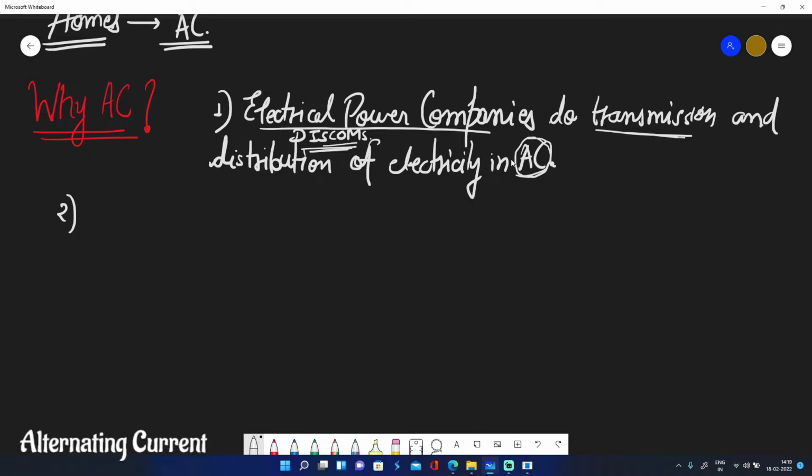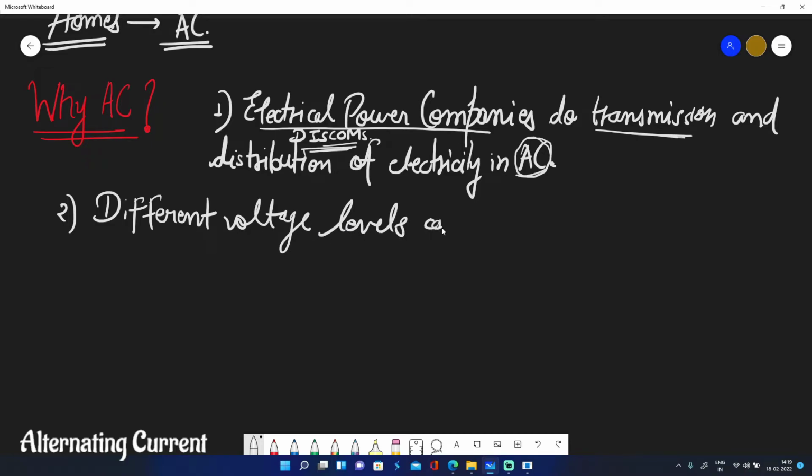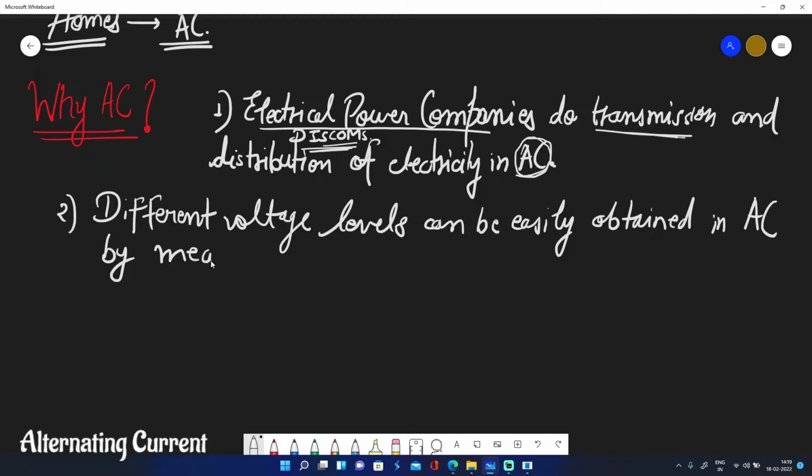There are some reasons why they are doing this in AC, which is also a pointer to why we are using AC: different voltage levels can be easily obtained in AC by means of transformers.